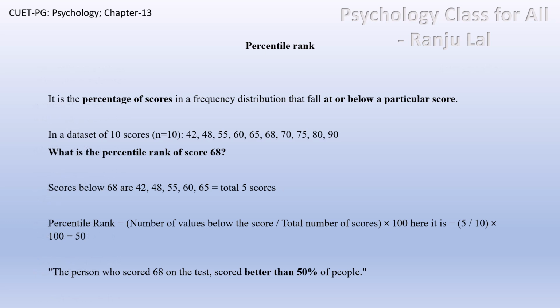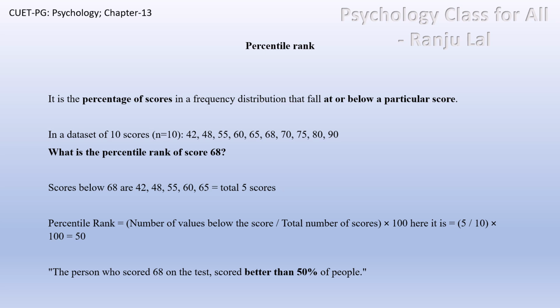Now about percentile rank. Assuming that there is a class of 50 students, a student named XYZ of this class attains a score of 60 on an achievement test. There are 40 other students whose score falls below the score of 60.